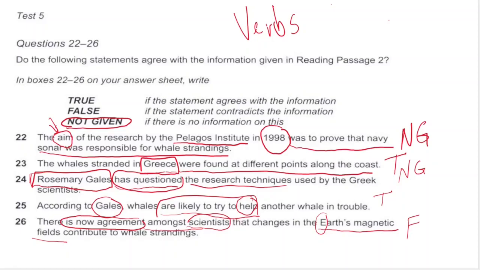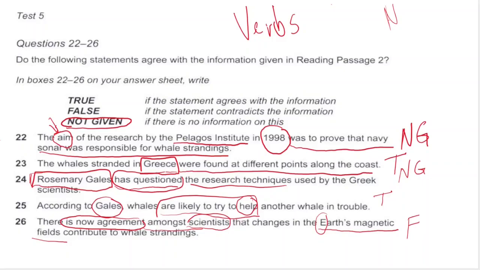Another suggestion that I can give you for dealing with these questions is, suppose that these questions are the last set of questions you have in a test, and you don't have time to read and answer them using these techniques that I just shared with you in this video. So if you have to guess, make sure you guess the same answer for all the questions. For example, you can put not given for every single one of these questions.